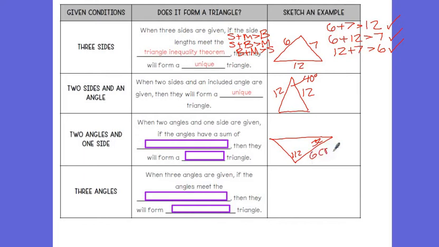I haven't asked that. 122. Oh, it's 122? Okay, that's triangle ABC. And what this law says, if they give you two angles and one side, those two angles need to add up to less than 180.